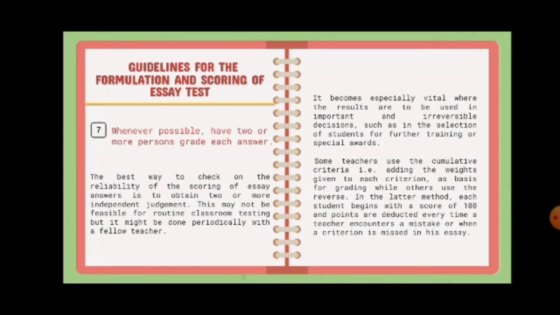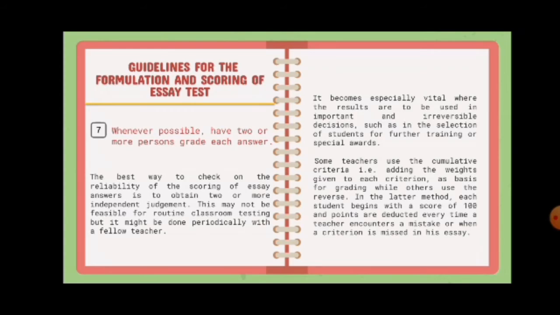Number 7, whenever possible, have two or more persons grade each essay. The best way to check the reliability of scoring of essay answers is to obtain two or more independent judgments. This may not be feasible for routine class testing, but it might be done periodically with fellow teachers.